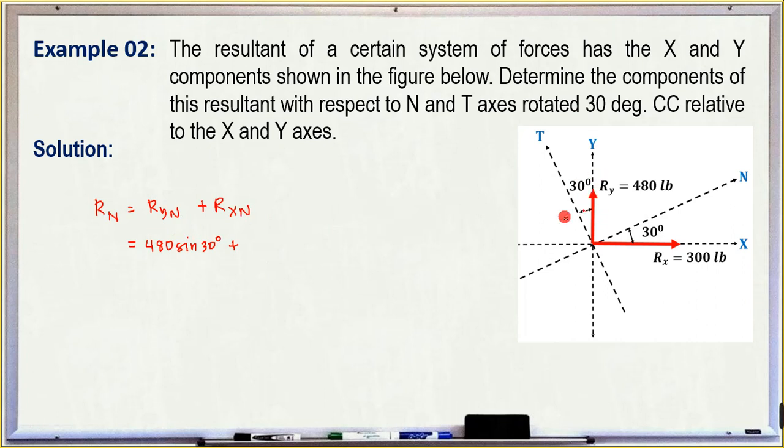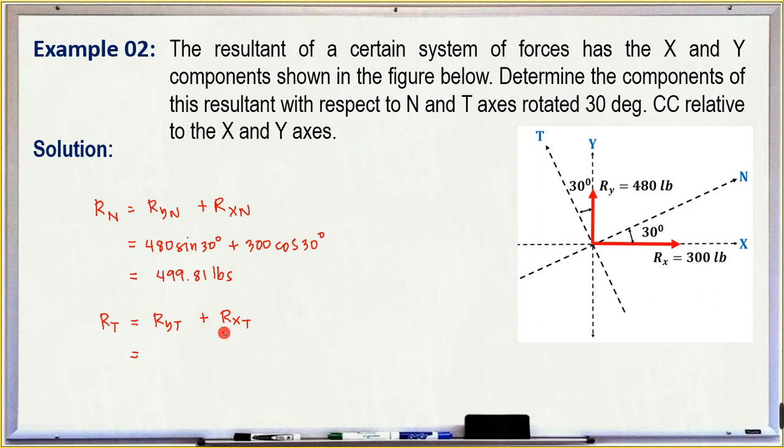Positive kay pa-upward siya. And also for Rx, towards the right man siya, so positive. No need to worry. So plus 300 Rx, then cosine of 30 degrees. So i-calculate, ang answer is 499.81 pounds.